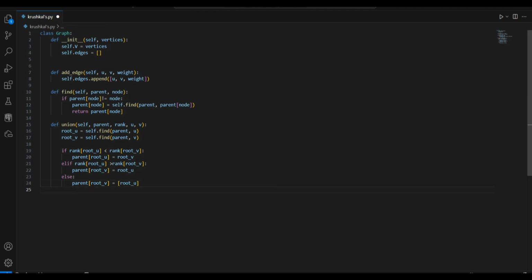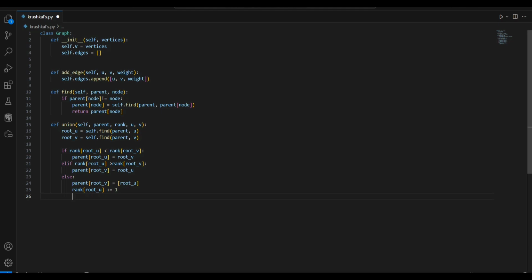Next, we move on to sorting the edges. self.edges is equals to sorted of self.edges, comma, key is equals to lambda edge: edge of 2.